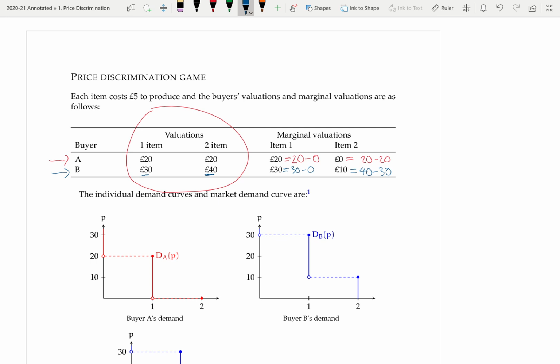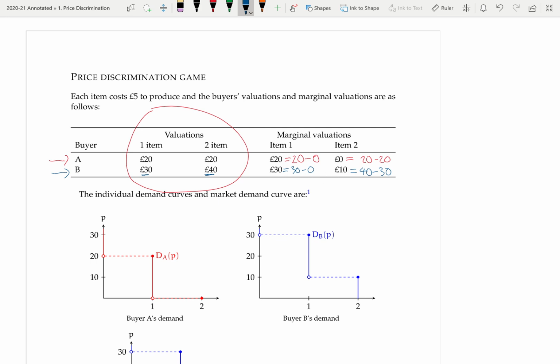Well, we do the same sort of thing we did with A. So let's look at the demand curve here on the right. If the price is more than 30, which is what buyer B is willing to pay for the first item, then buyer B will not buy anything. Their demand is 0. But as soon as the price drops below 30, buyer B is going to buy either one item or two items. So when will buyer B buy one item? Well, they'll buy one item if the price is between 10 and 30, these two marginal valuations.